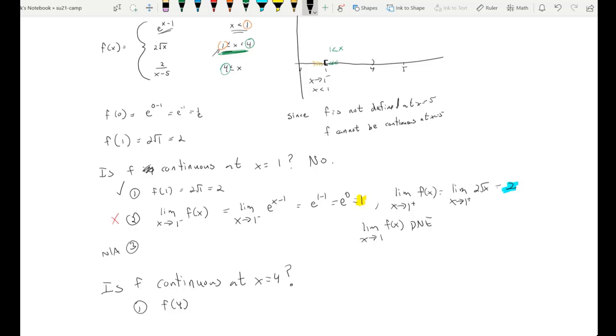I apologize, I actually miswrote something when I wrote this function down. I'm just going to change this to -4. My apologies. This should be a -4. Okay.